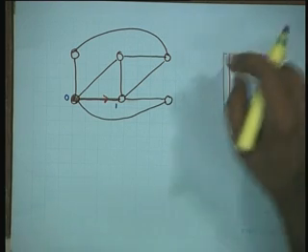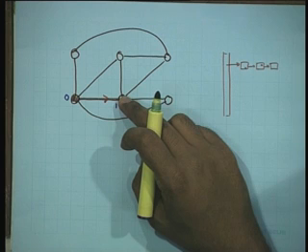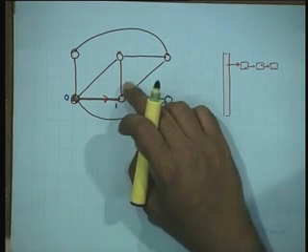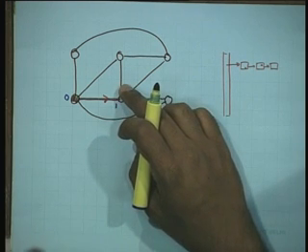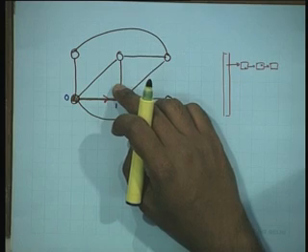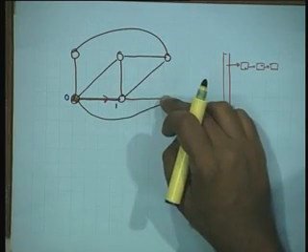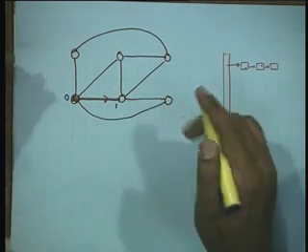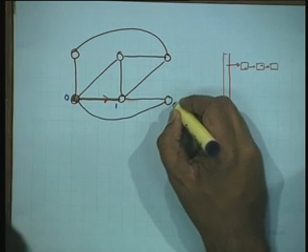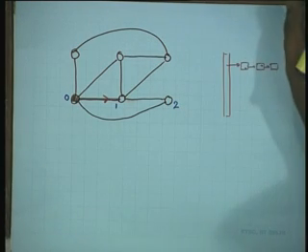Now, I start from this vertex, and I look at the available options I have. I have 3 different options. Let me say I first took this option and came to this vertex at time 2.